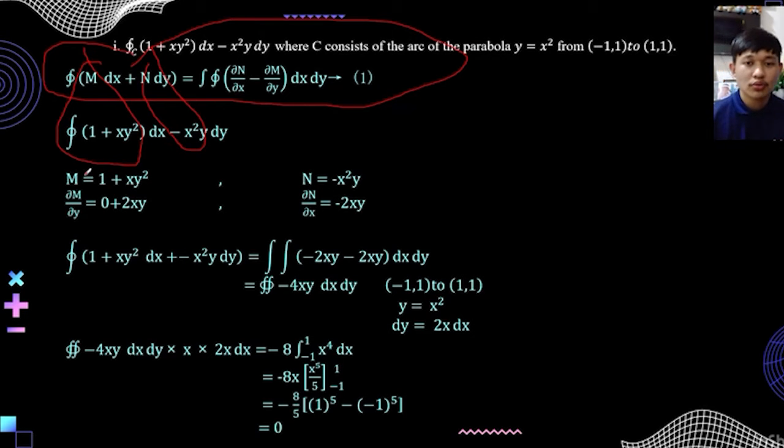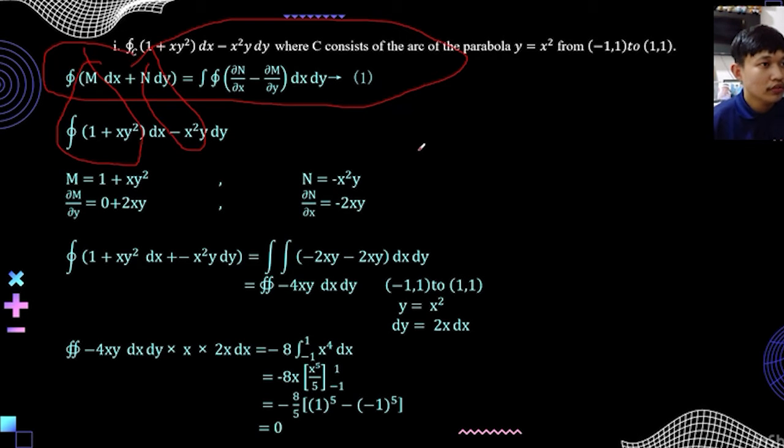After that, we differentiate M with respect to y, so we get 2xy. After that, we also differentiate N with respect to x, so we get negative 2xy.